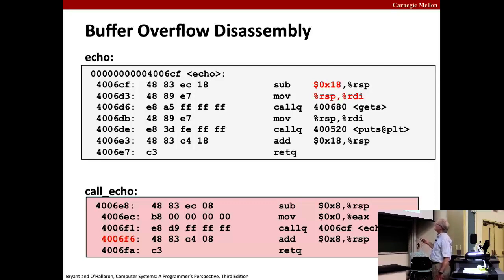And just one last little bit to keep in mind, we'll get back to that. Oh yes, and remember echo, there's a function called call echo, which is the thing that calls echo. Just to keep in mind, this red is the return address for call echo. And that's going to be important.